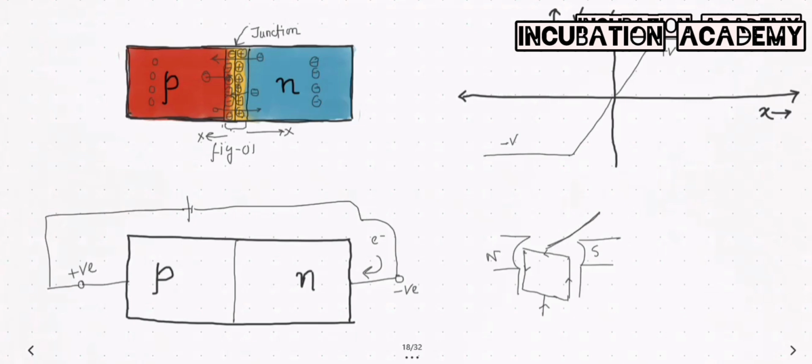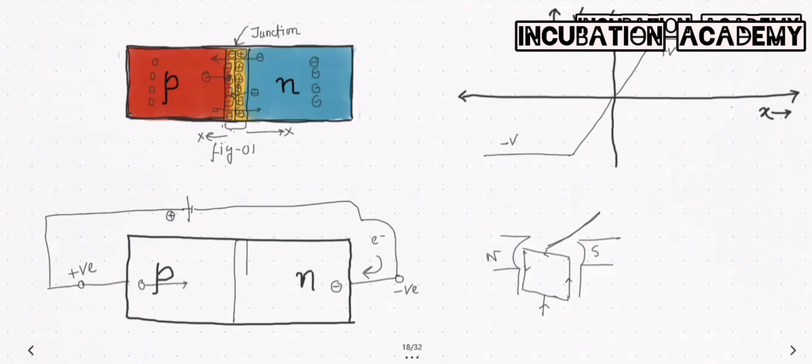The positive holes are obviously not obtained in a metallic conductor, only in the semiconductor, so we are not talking about that. But we can consider that from the positive side the holes are pushed, and from the negative side the electrons are pushed.